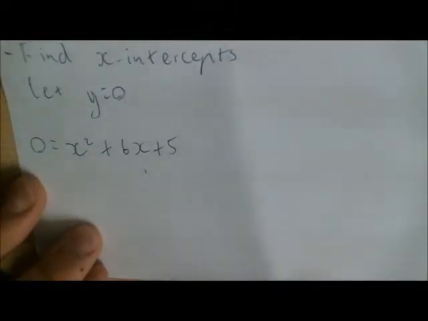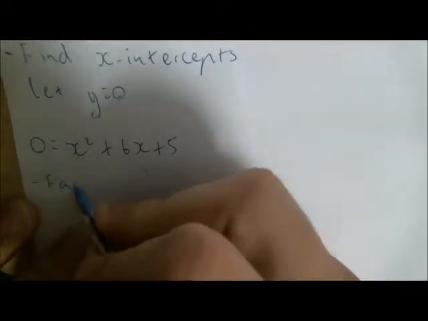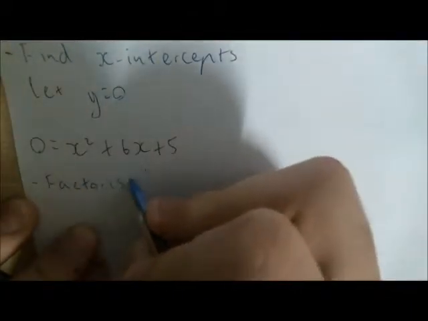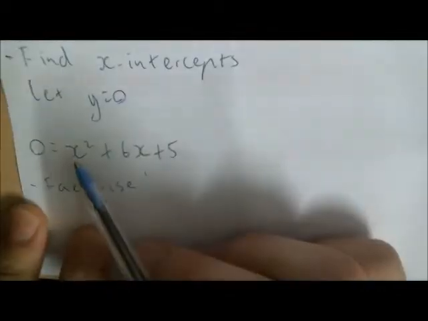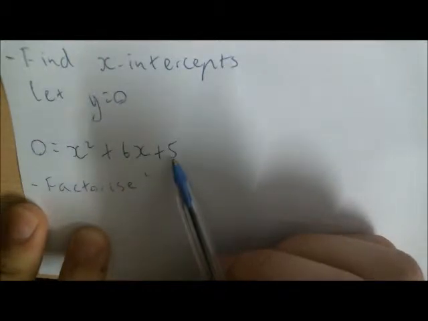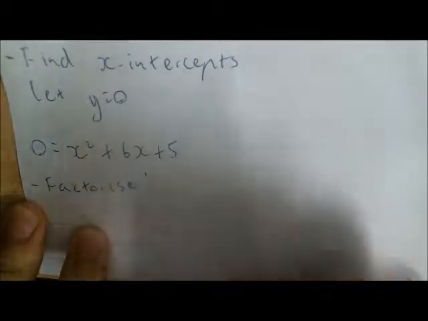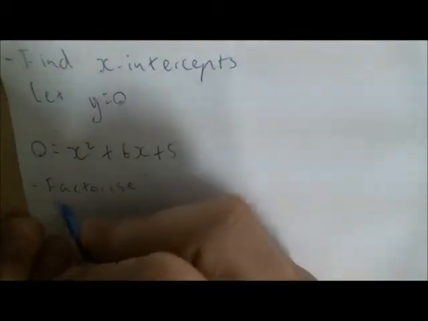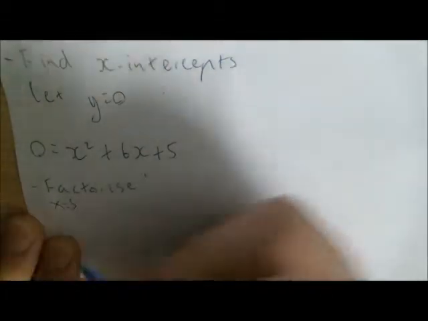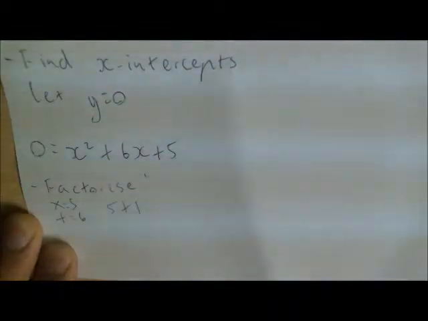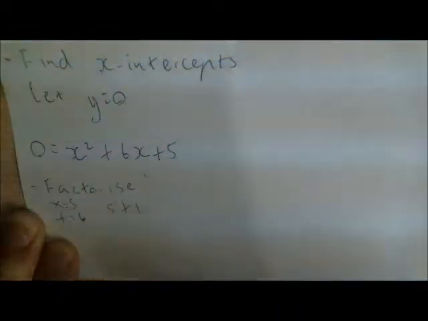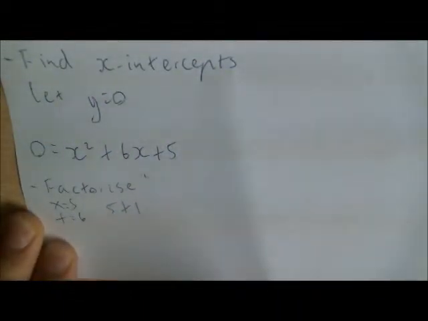Alright, so the next step is to factorise. So let's look at this. We need to find two numbers that multiply to equal 5 and add to equal 6. I know that's 5 and 1. 5 times 1 is 5. 5 plus 1 is 6.